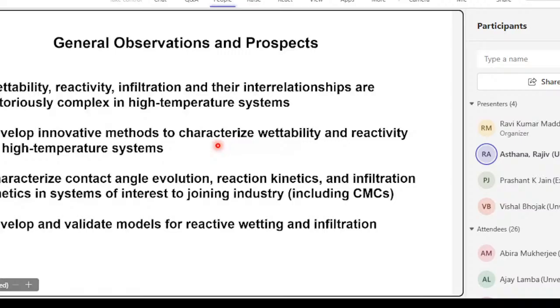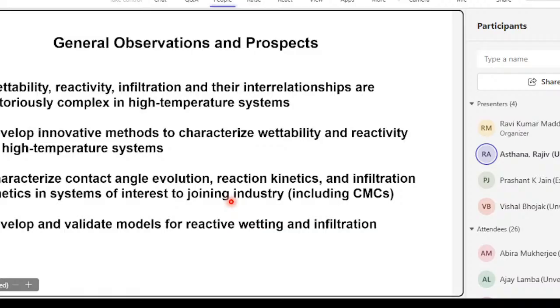So we need to characterize contact angle evolution in real systems, reaction kinetics, infiltration, and other things, especially in systems that are of interest to industry. And then there is a need to develop and validate models of reactive wetting systems.